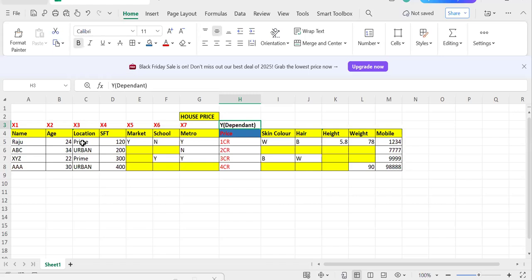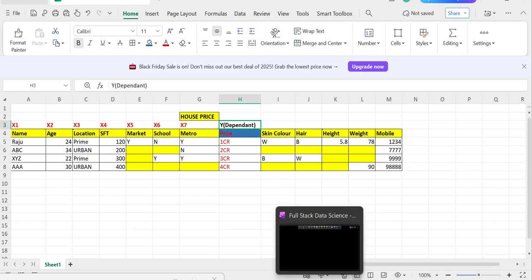So if you are changing this x, other x will not be affected. Who will be affected? Y will be affected. Whenever you are changing the independent variable, the dependent variable will be affected.